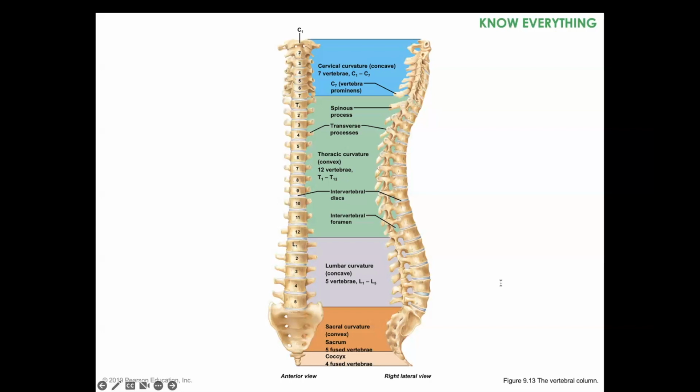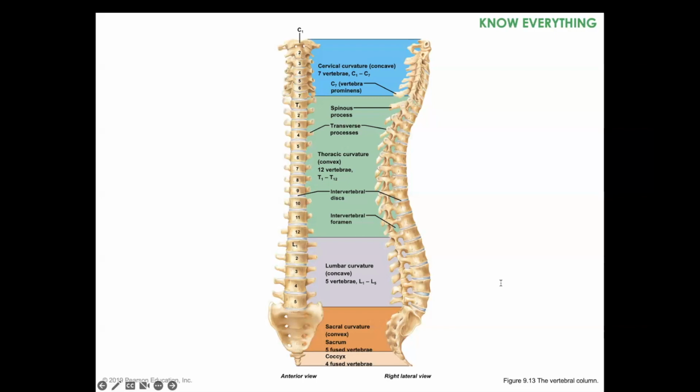And the last two, 5 plus 4 is 9. 9 p.m. could be your late night snack. But do remember that sacrum has 5, coccyx is 4. So again, breakfast at 7, lunch at 12, dinner at 5, late night snack at 9. And so that's 7 cervical, 12 thoracic, 5 lumbar, 5 sacrum, 4 coccyx.